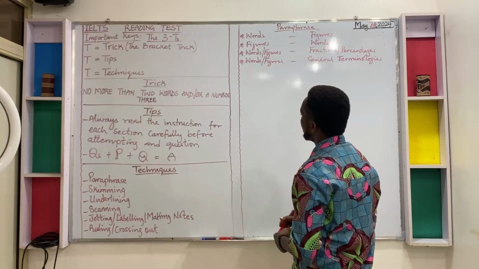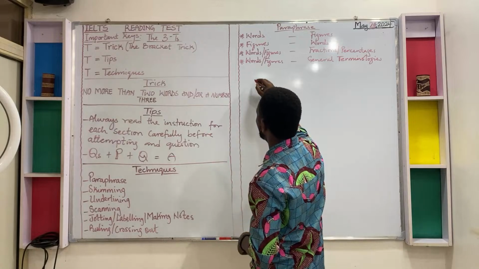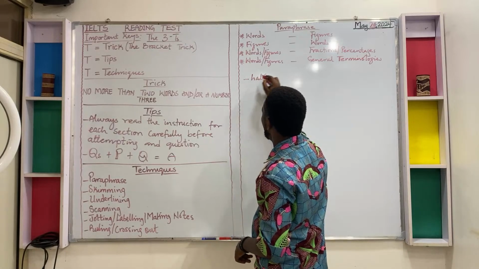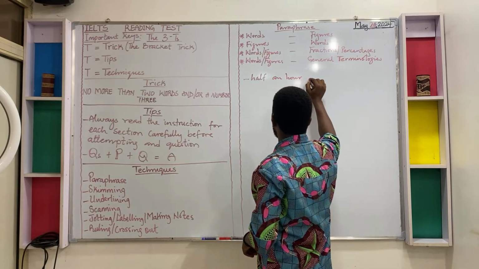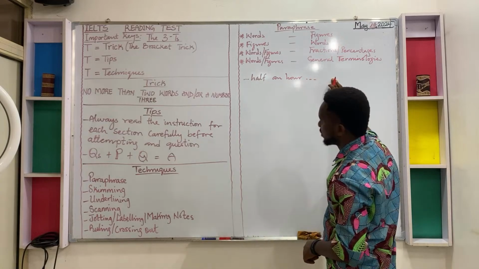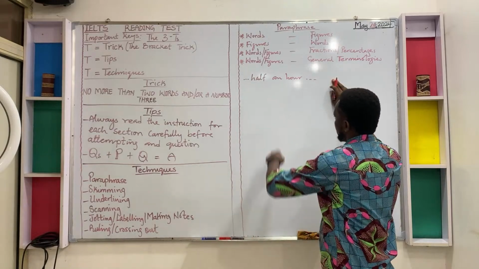You may read a passage and the passage talks about something happening every half an hour. Now, this is what is written in the passage.